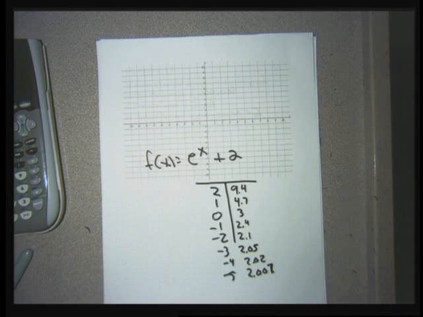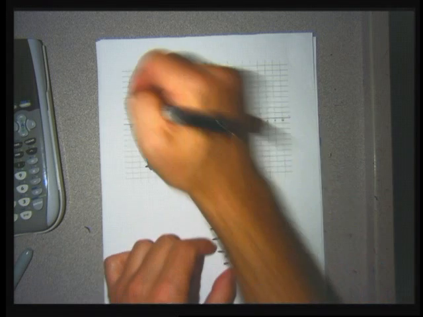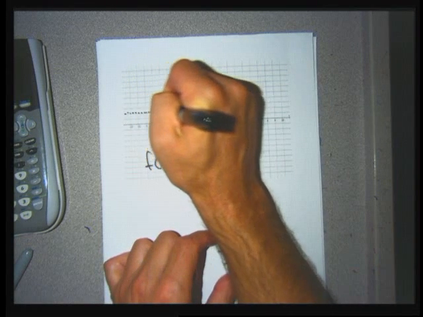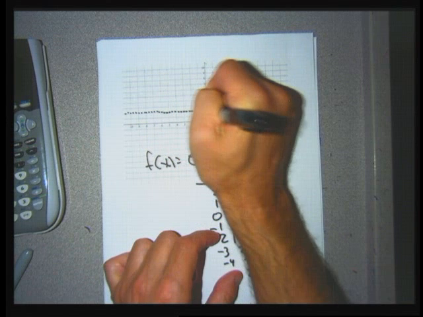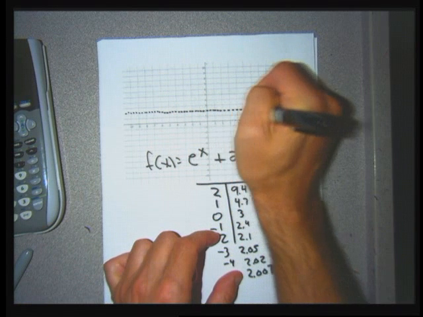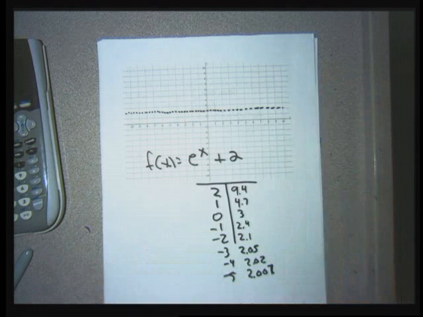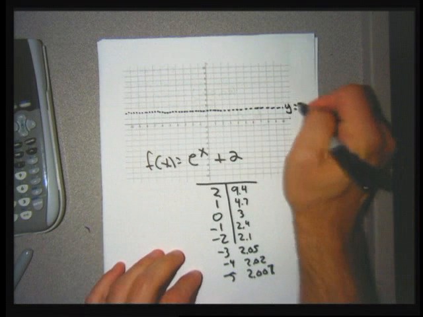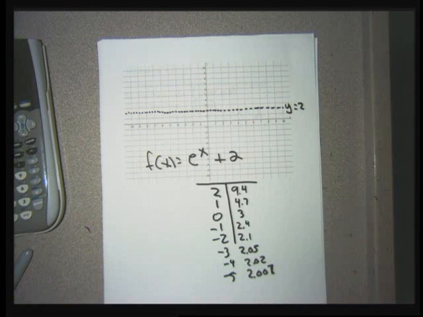That's why I say the range is from 2 to infinity. And this graph is never going to go beneath 2. The typical exponential functions never go beneath 0, but because this is shifted up 2 units by that plus 2, this is going to have a range of 2 to infinity and a horizontal asymptote not at y equal to 0, but at y equal to 2. The shifting up 2 moves everything up 2.